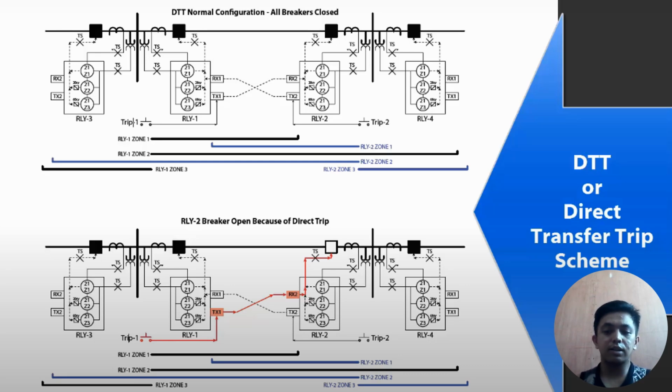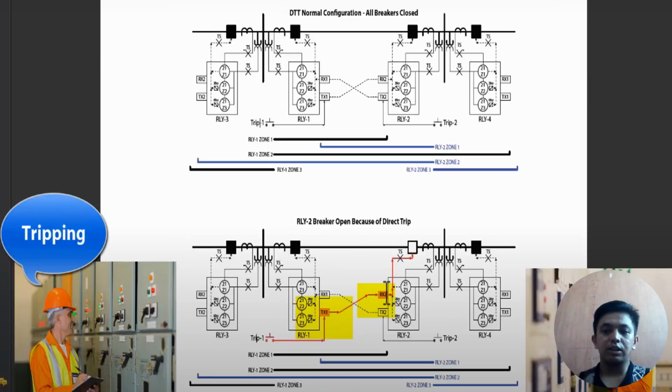So this isolates the faulted section from the rest of the system. Like this here, as we can see, it can also be done manually but only in case of emergency maintenance.